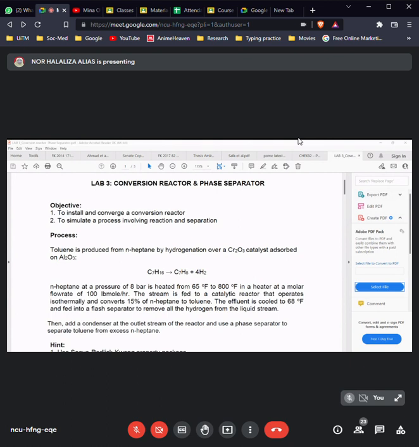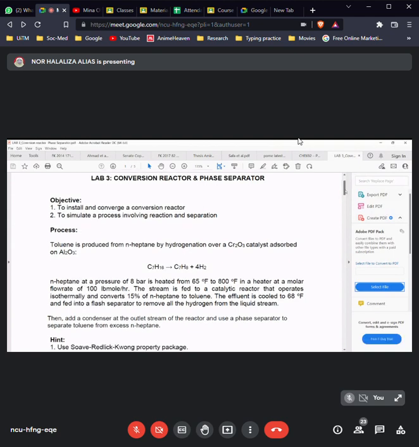Okay, so before the reaction happen to convert to toluene, this N-heptane need to heated up. So you need the heater. So kalau kita tengok soalan ni, saya cuba drag.